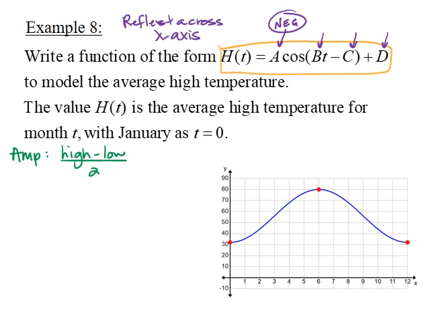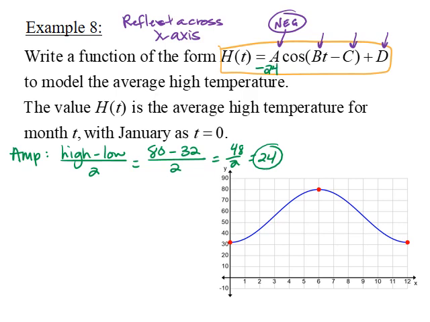The high from this graph is 80, minus the low, 32 degrees, and divide by 2. This is 48 divided by 2, which is 24. So our amplitude is 24, which means I'm going to be plugging in a negative 24 here.